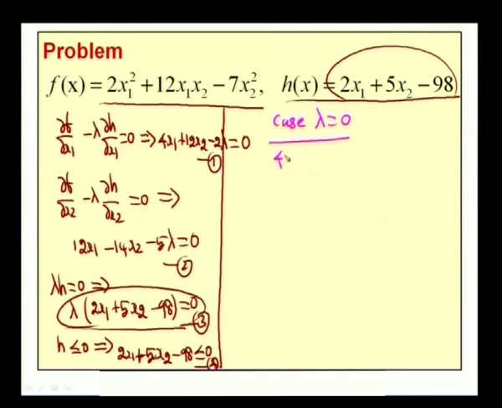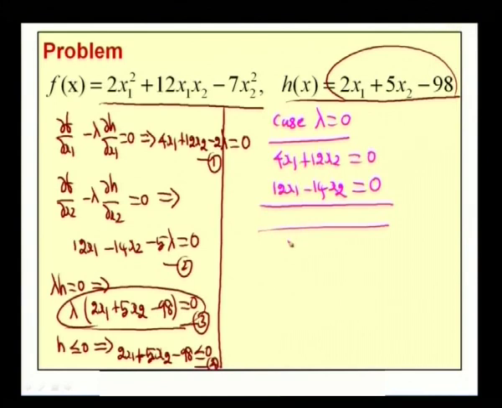We have 4x1 plus 12x2 equal to 0, and equation 2 becomes 12x1 minus 14x2 equal to 0. By solving these equations, we get x1 value is 0 and x2 value is also 0. Therefore, the solution for the case lambda equal to 0 is x1 equal to 0 and x2 equal to 0.